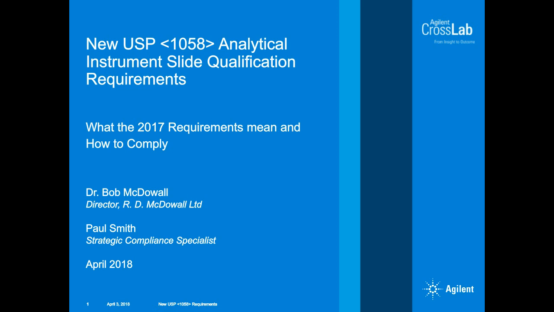For those that are interested, Chris Burgess and I published a risk assessment based on the new 1058 5 years ago in Focus on Quality in November 2013. That's available on the Spectroscopy Online website, and you can access that and have a look at it.